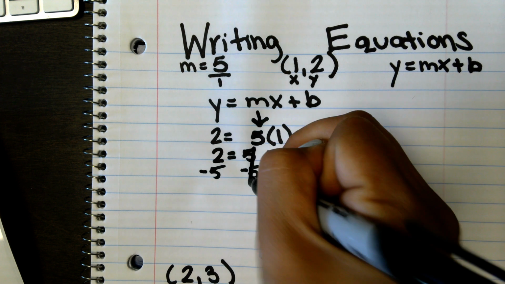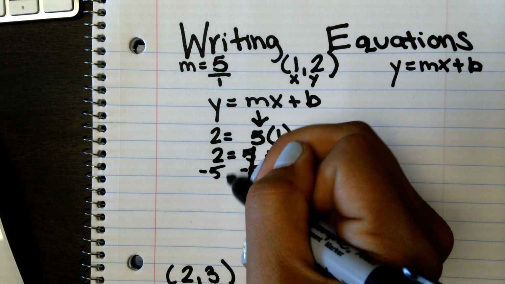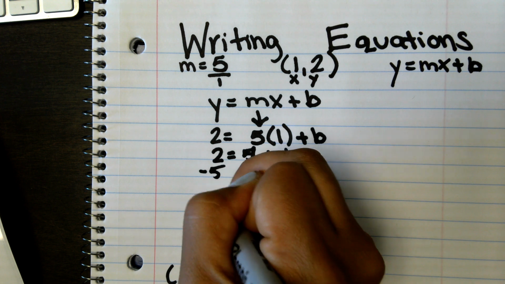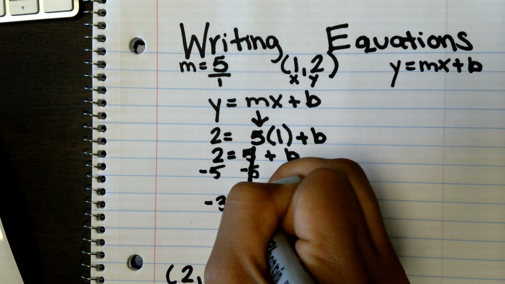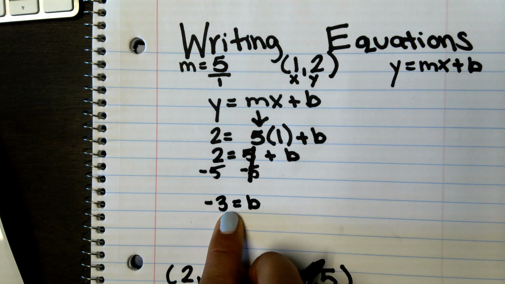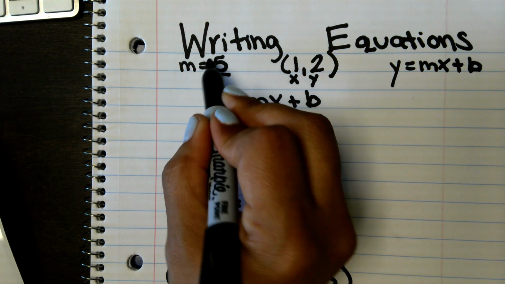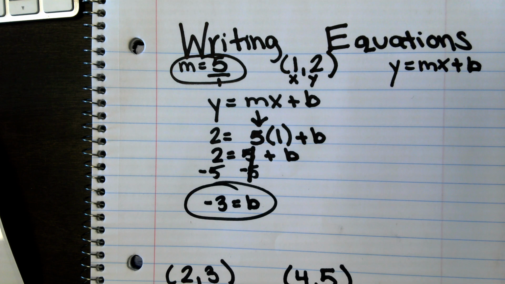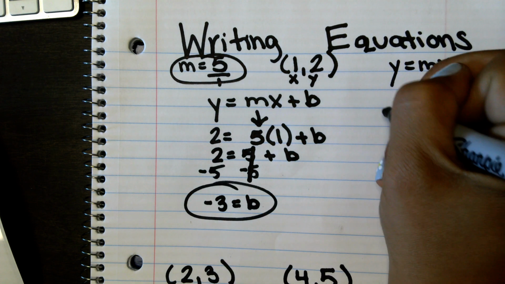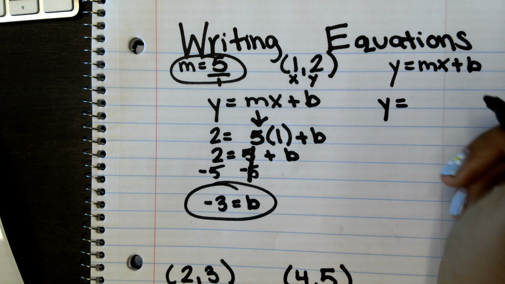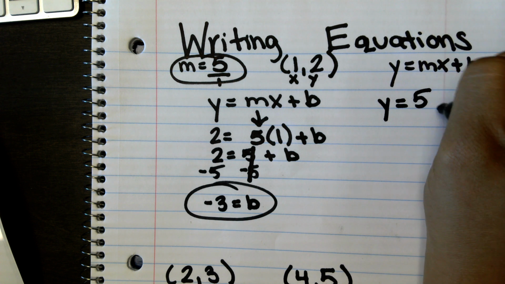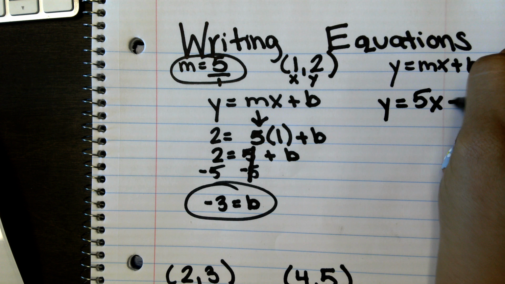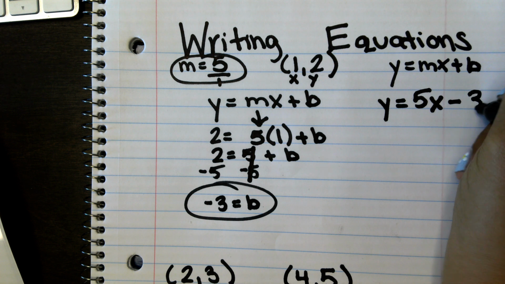Those 5's cancel out. 2 minus 5 is negative 3, and that is my b. Awesome. So now I have slope, I have y-intercept, so I can write my equation. y equals 5x minus 3.